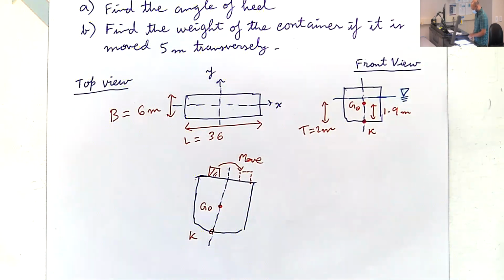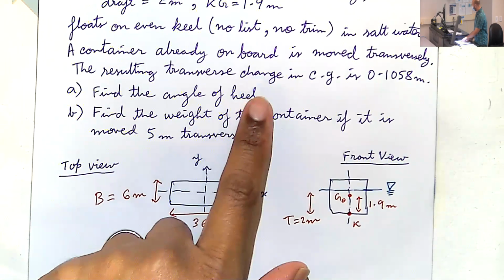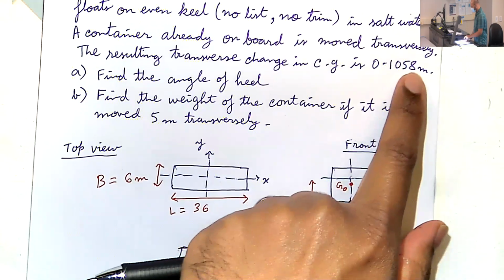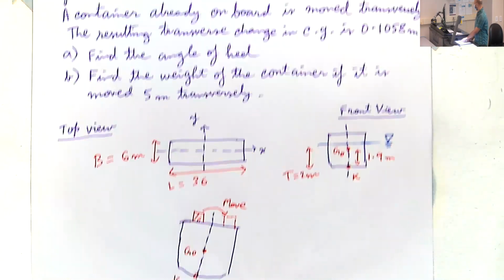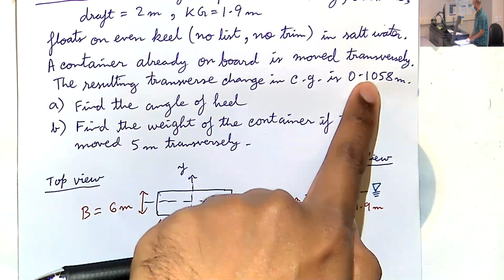The resulting transverse change in CG is 0.1058.